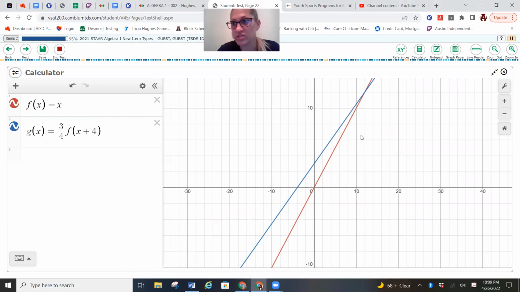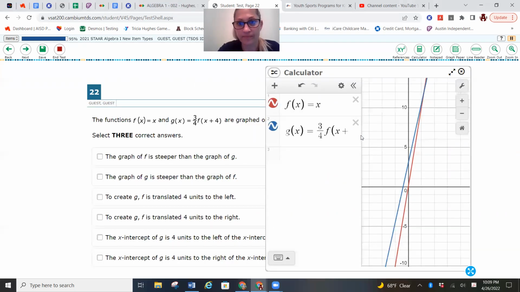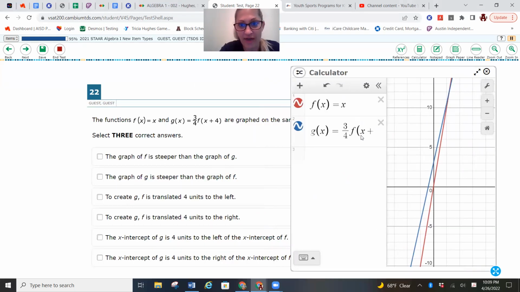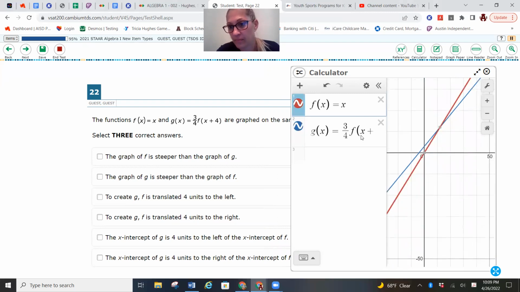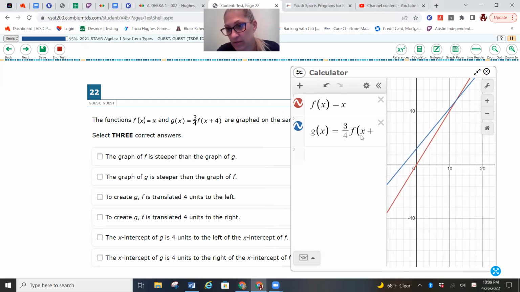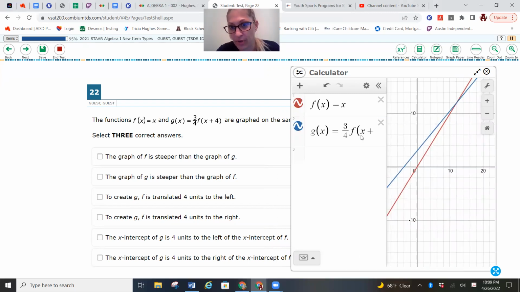I've rearranged it. Zoom out. The graph of F is my red one. Is F steeper than G? Is the red line sharper, steeper than the blue line? Yes, it is.